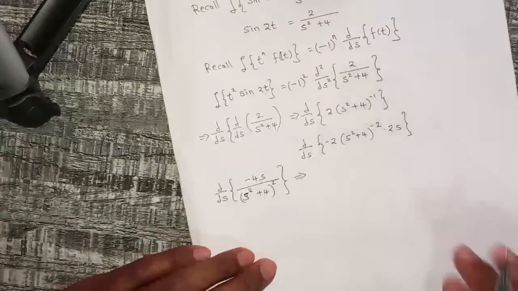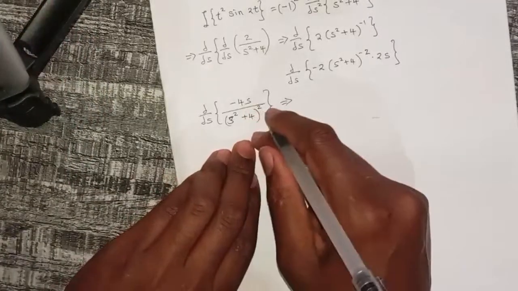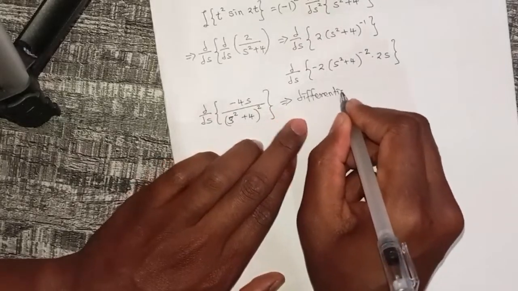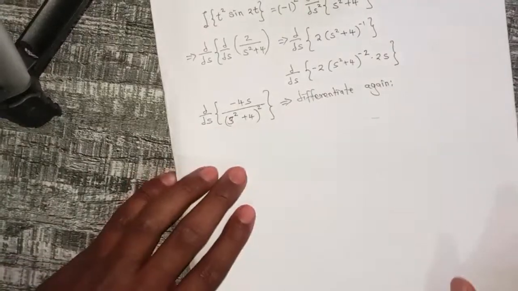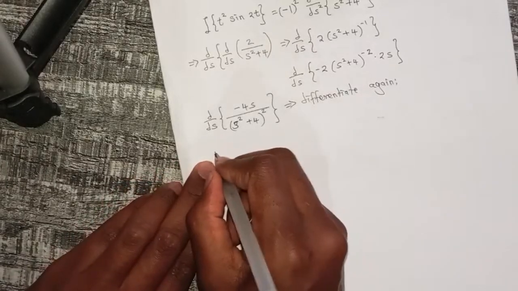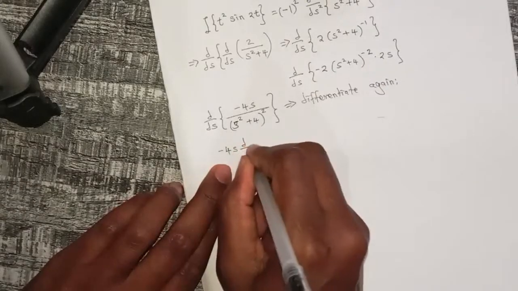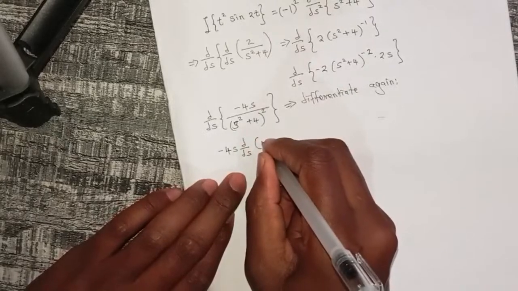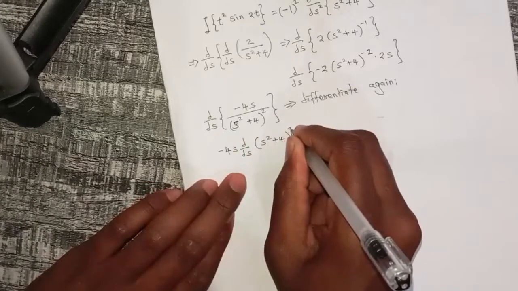And therefore we differentiate this function again. Upon differentiating this by use of the quotient rule, we hold negative 4s constant multiplied by d/ds of s squared plus 4 squared.